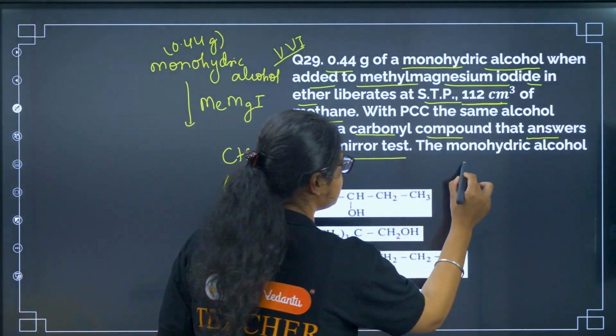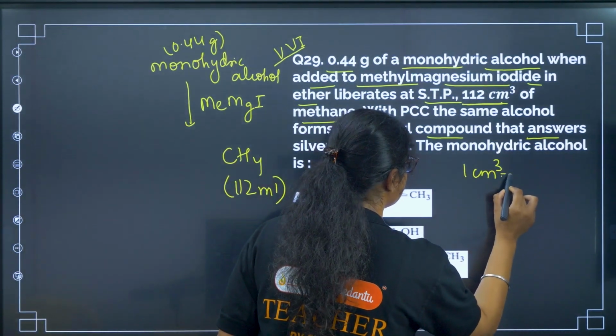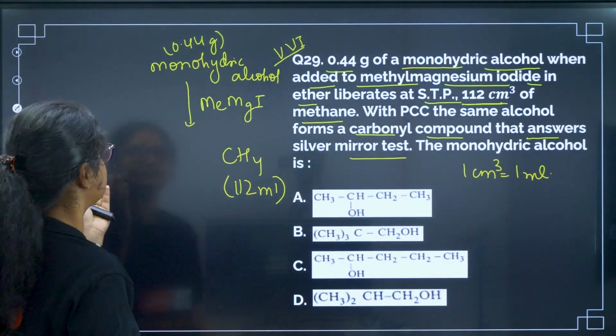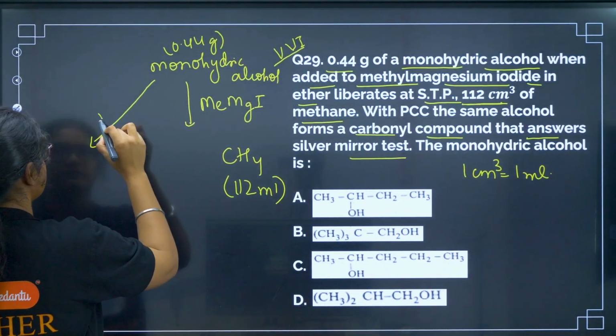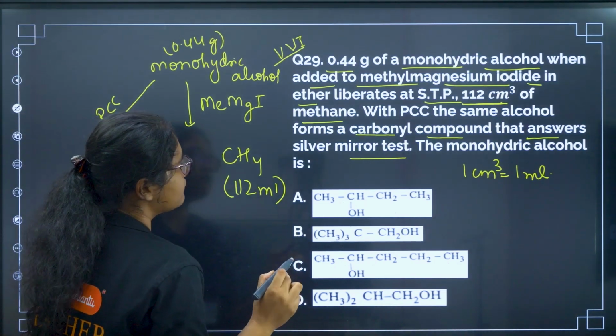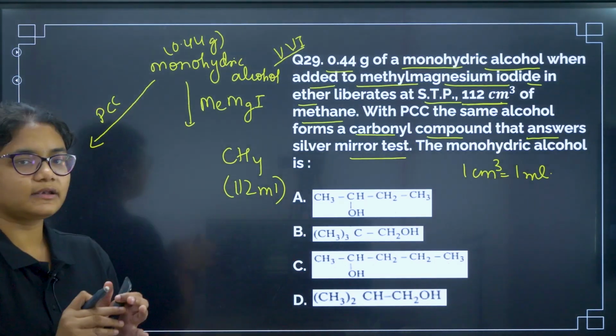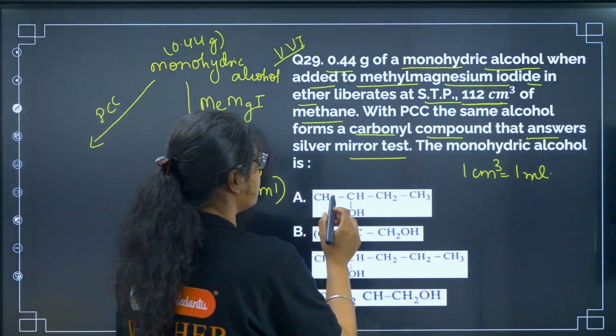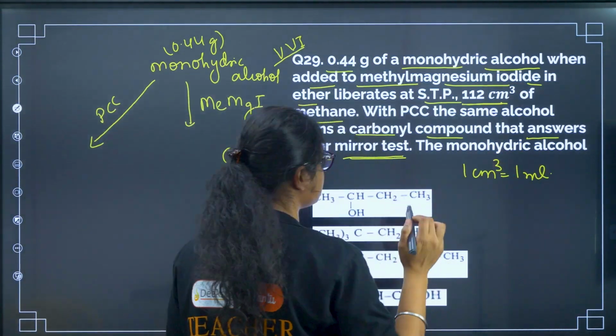Okay, so 1 centimeter cube is equal to 1 ml, right? Now with PCC, the same alcohol. So if this alcohol is treated with PCC, we get a carbonyl compound. So whenever we treat with PCC, either aldehydes will form or ketones will form. But the hint given here is that it answers the silver mirror test.